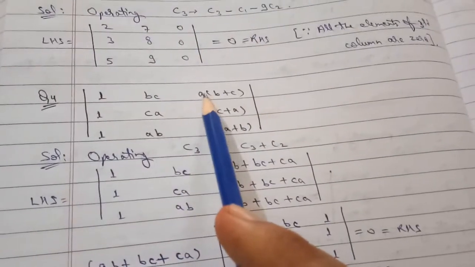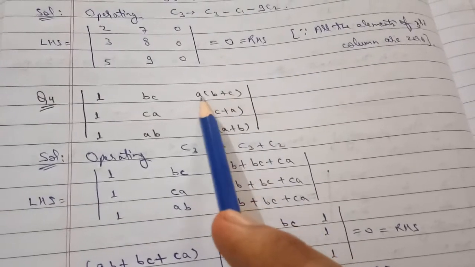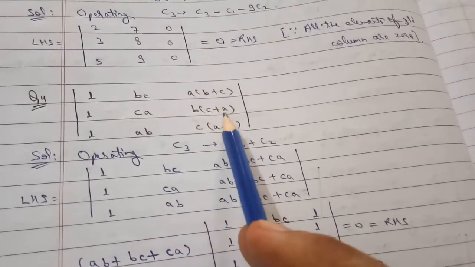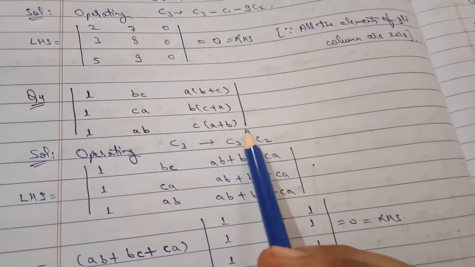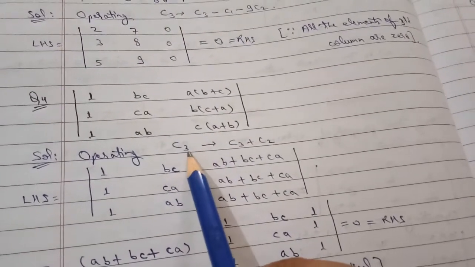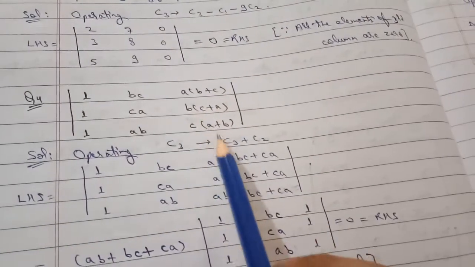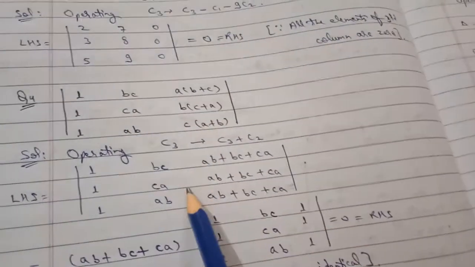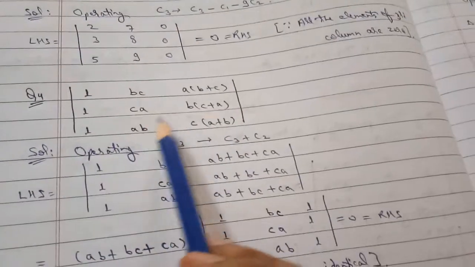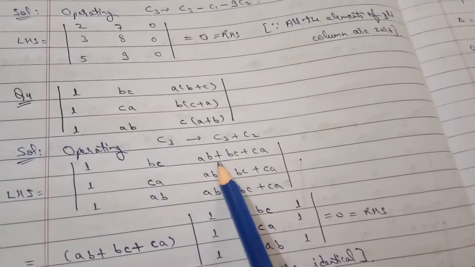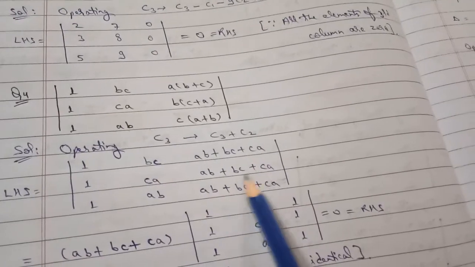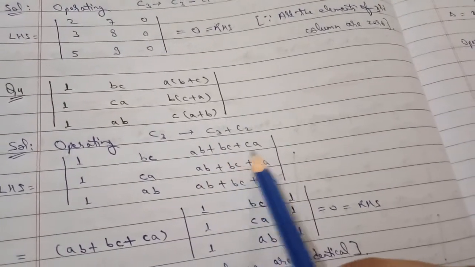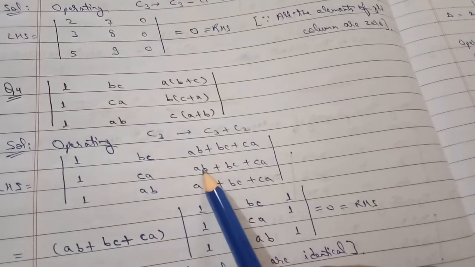How will we do that? We will just open this: AB plus BC, AB plus AC, BC plus AB, AC plus BC. Suppose we operate C3, that is column 3, as column 3 plus column 2. If we add these two columns, we get AB plus BC plus CA, and the same thing in the others. We can take out the common factor AB plus BC plus CA from column 3.